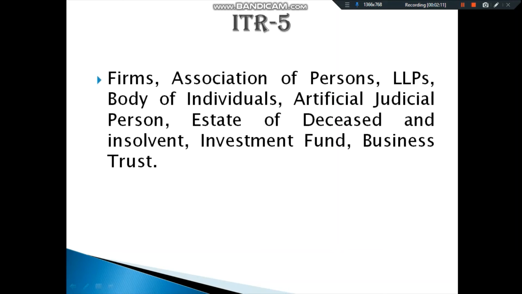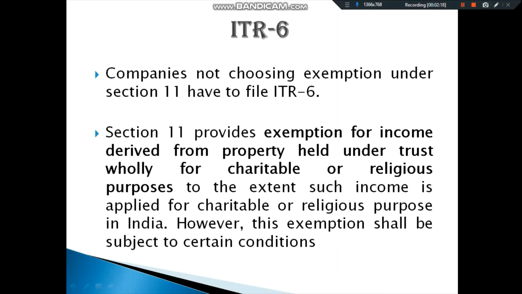Now ITR-6: companies not claiming exemption under section 11 have to file ITR-6. So all those companies which do not have exemption under section 11 have to file ITR-6. And what is section 11? It provides exemption for income derived from property held under trust wholly for charitable or religious purposes.